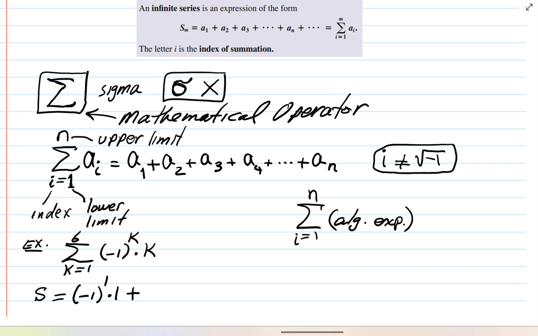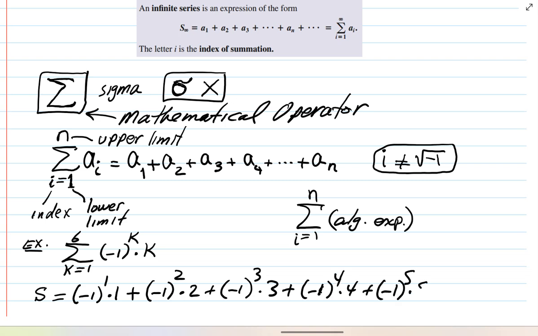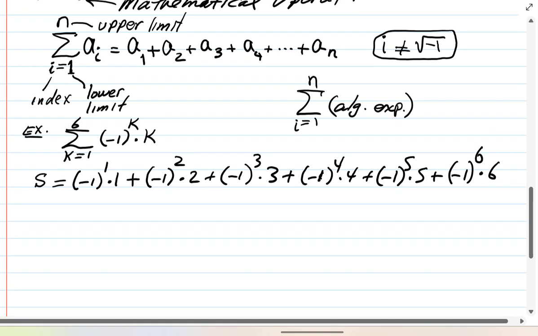Then k is incremented to 2, so it's now (-1) squared times 2. And so on and so forth. So it's going to be (-1) to the 4th times 4, (-1) to the 5th times 5, and finally we go (-1) to the 6th times 6, and we stop. You see that once we reach the upper limit, that's the sign to stop.